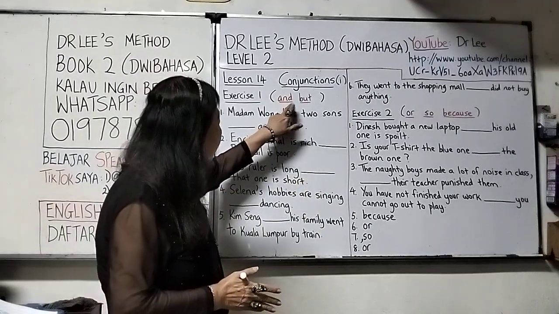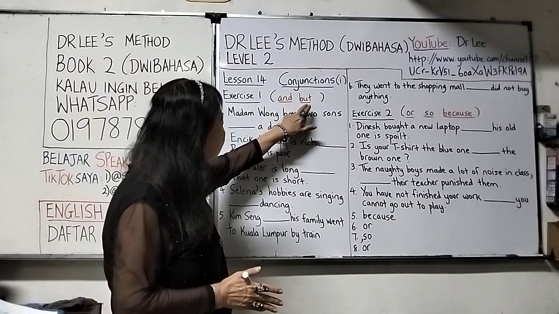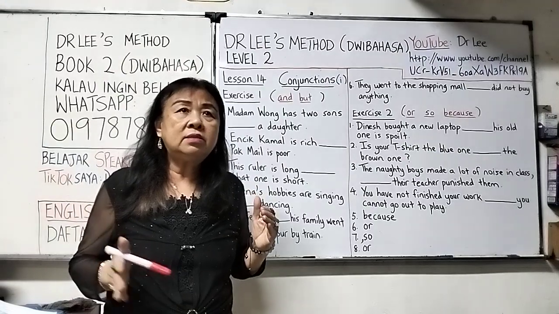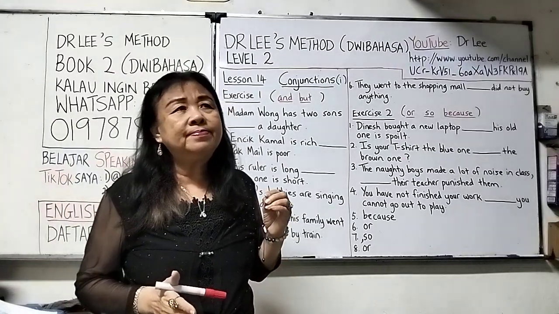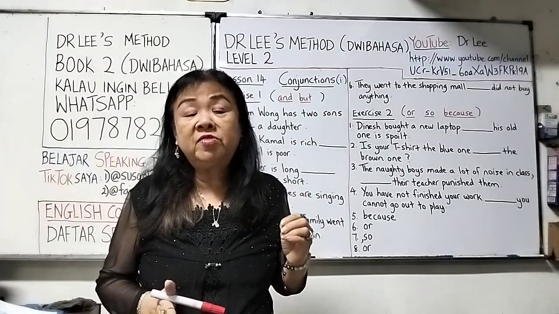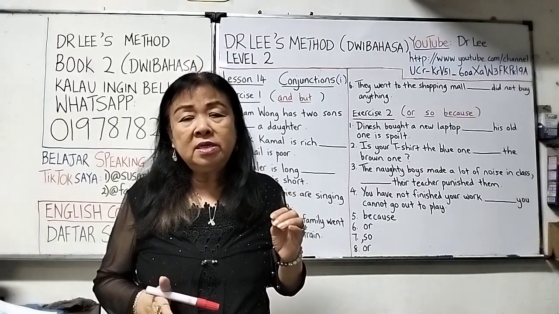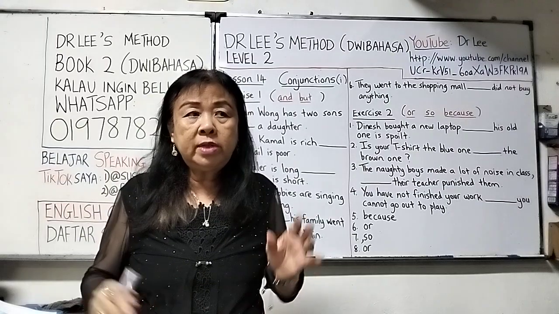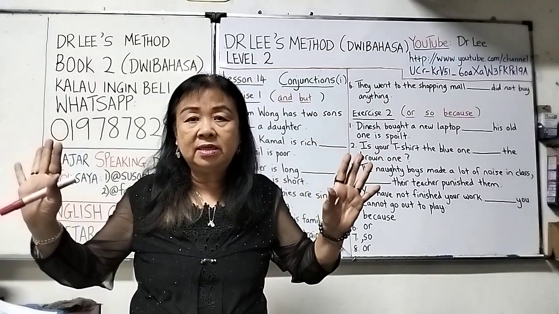So actually and this word but are called conjunctions. What is the function of a conjunction? The function of a conjunction is to join two sentences together. So they're basically two simple sentences.